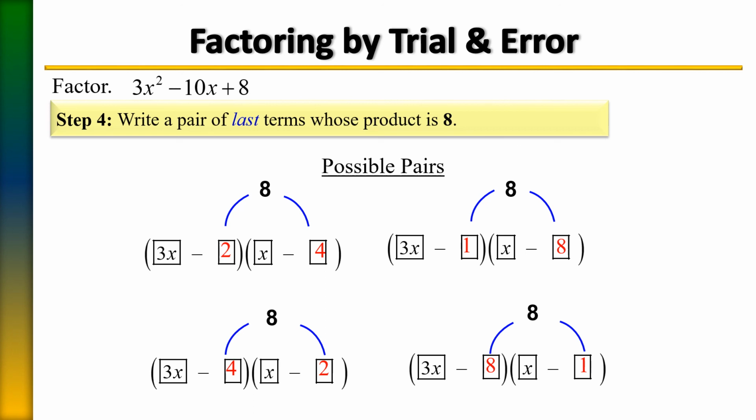And that's why they call it trial and error, because you're trying it, looking at the possibilities, seeing if it works. If it doesn't, you go on to the next possible pair until you find the pair. So by trial and error, by trying it out and seeing, that's how you find the pair.